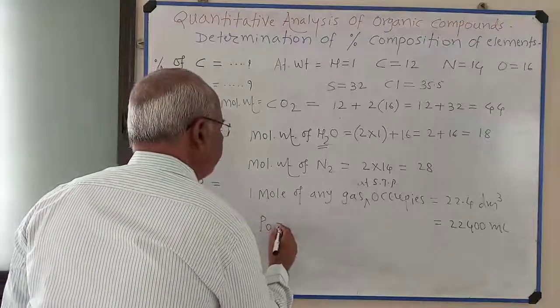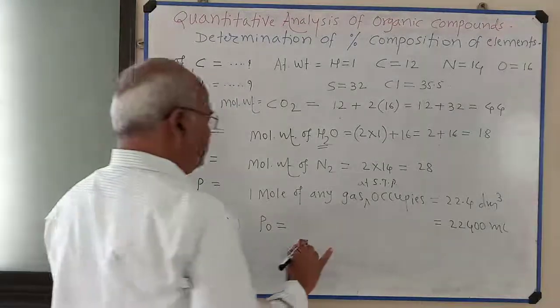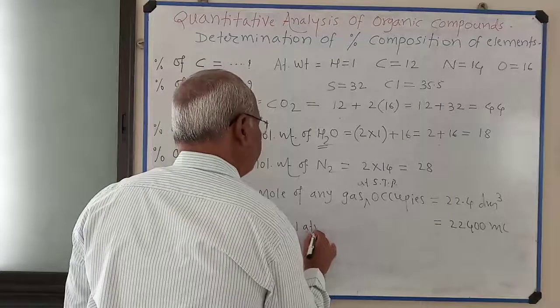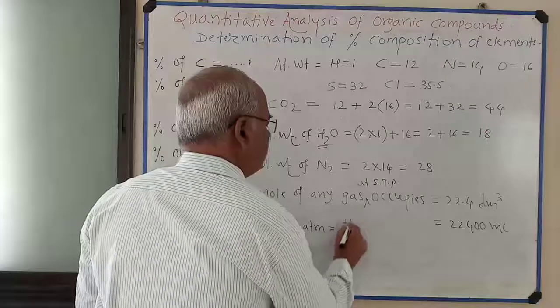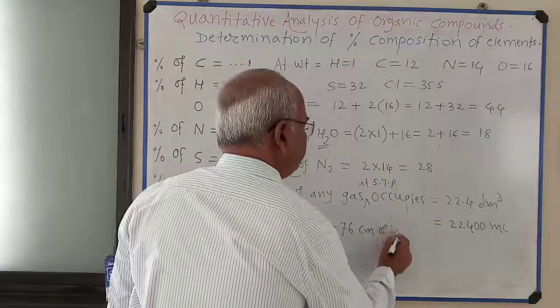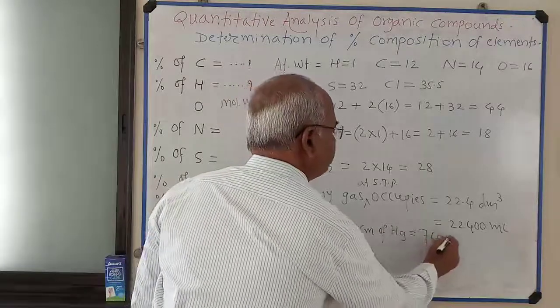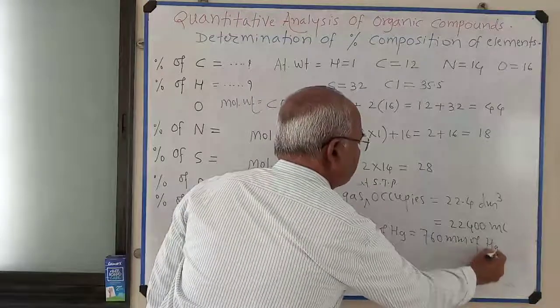P0 is equal to standard pressure, that is equal to 1 atmospheric pressure, that is equal to 76 centimeter of Hg, that is equal to 760 millimeter of Hg.